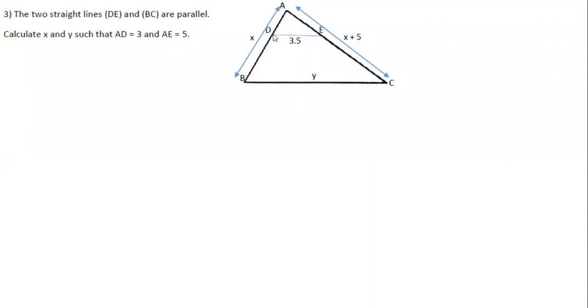We are given the measure of DE, and the measure of BC is Y, which is unknown, right? So in this question, what I'm asked to do is calculate X and Y. X measures whom? AB.